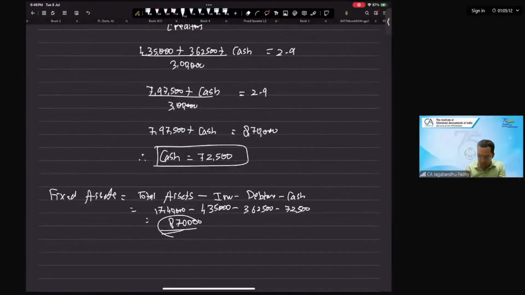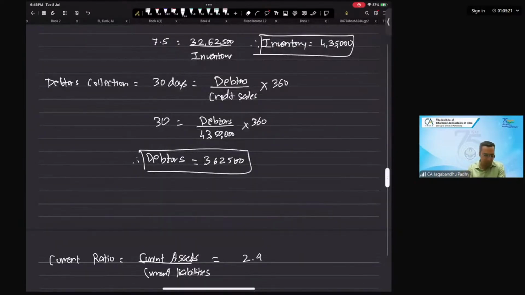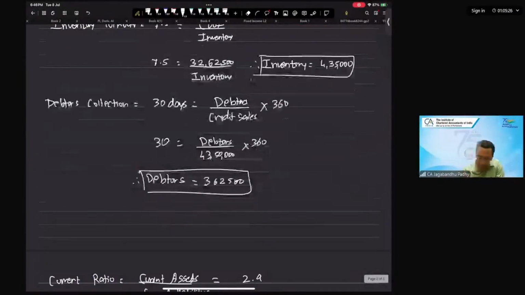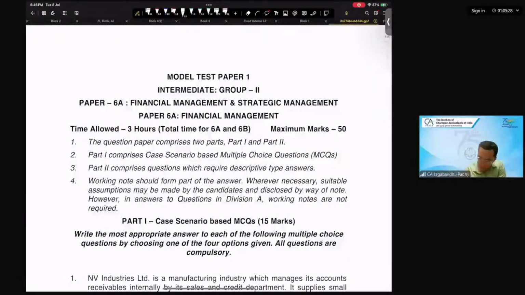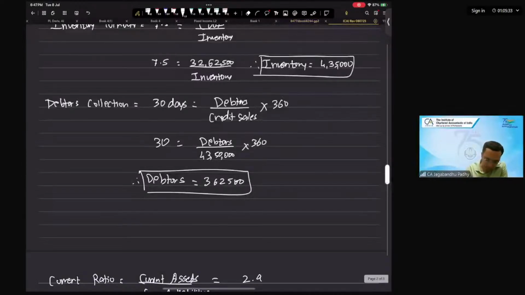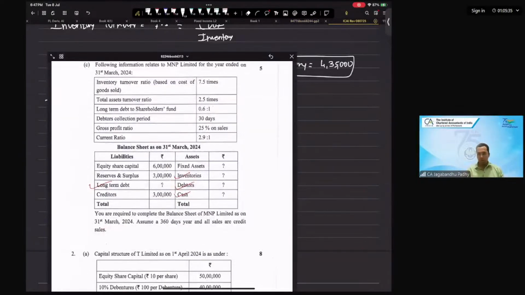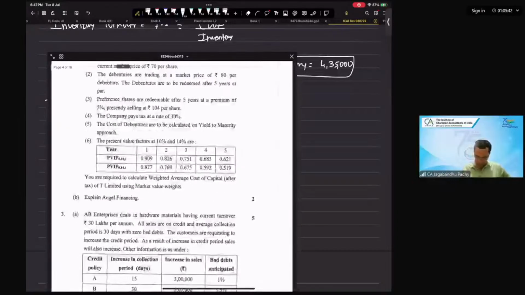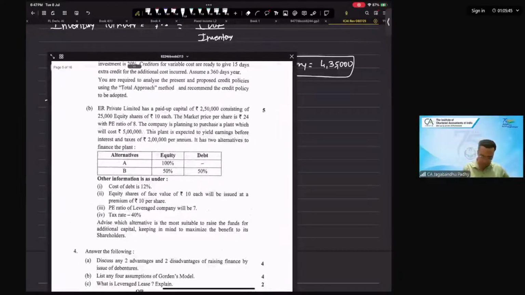Fixed asset, 8,70,000, cash, 72,500. Yes. And then debtors of 3,62,500, inventory 4,35,000. Correct? Okay, so this is what we have done from this September 2024 exam paper. Okay. Easy, guys?